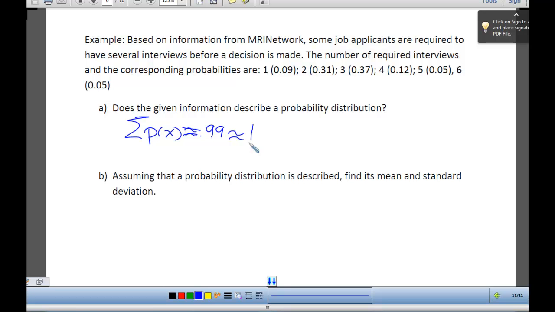Okay. Part B, assuming that a probability distribution is described, find its mean and standard deviation. So what would we do with this? Use our calculator. Okay, so let's do that one more time.